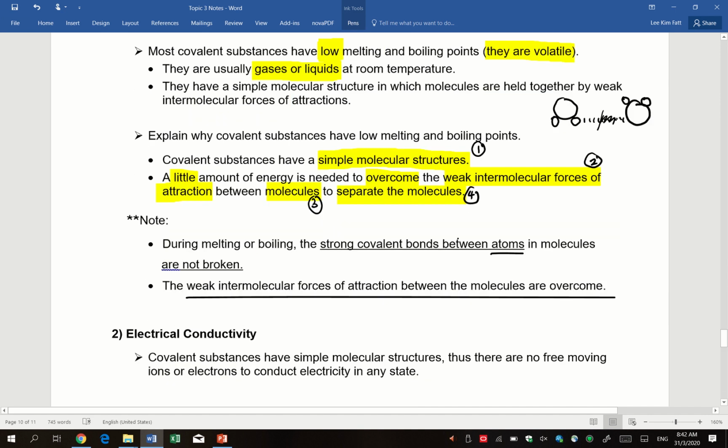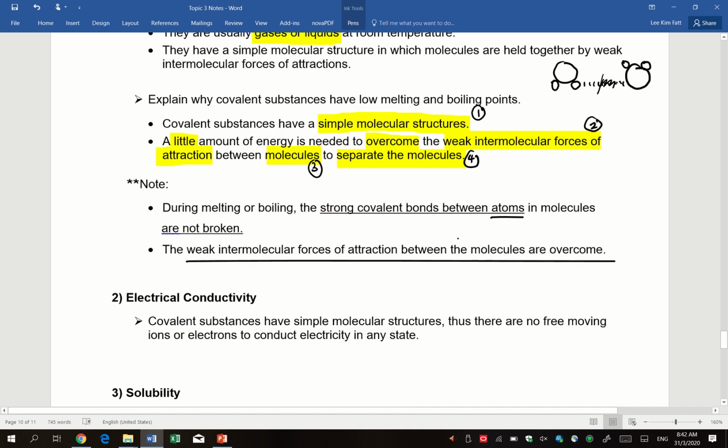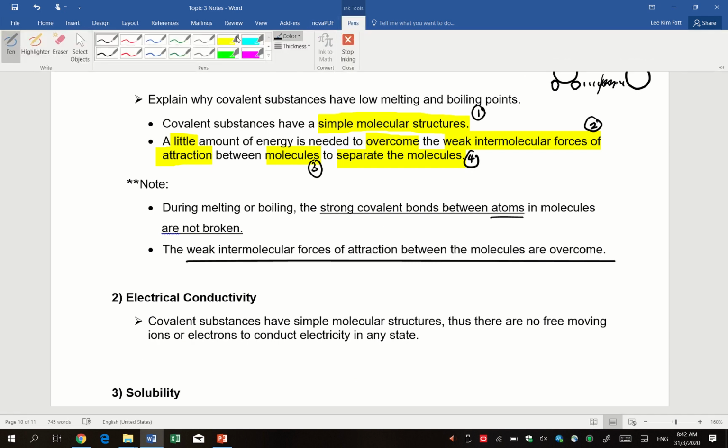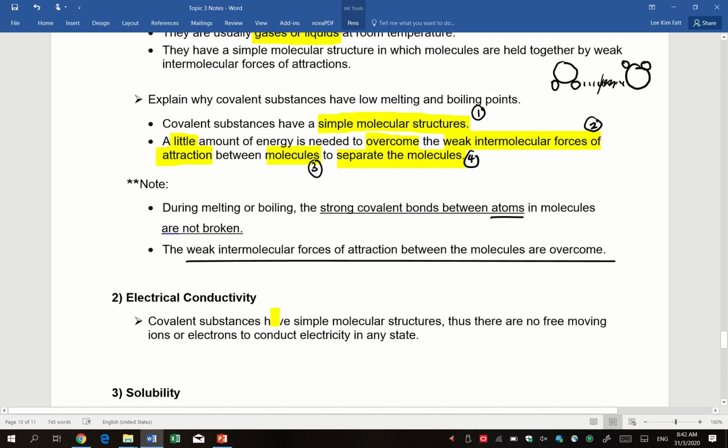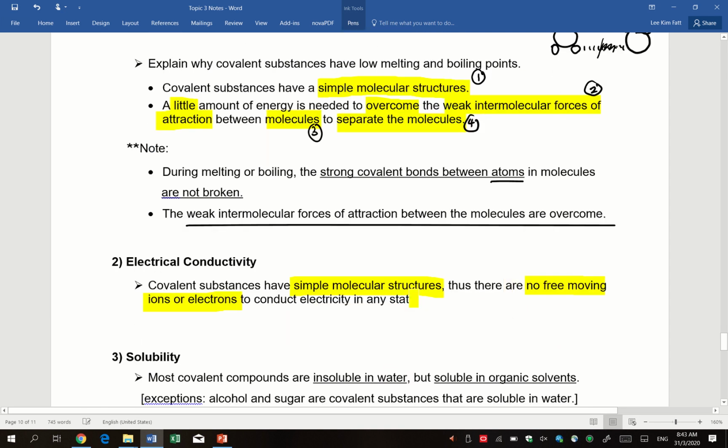Now I move on to the second property, which is your electrical conductivity. Now for electrical conductivity, very simple compared to your ionic compounds. For covalent substances, because they have simple molecular structure, and there are no free moving ions or electrons, they actually cannot conduct electricity in any state.